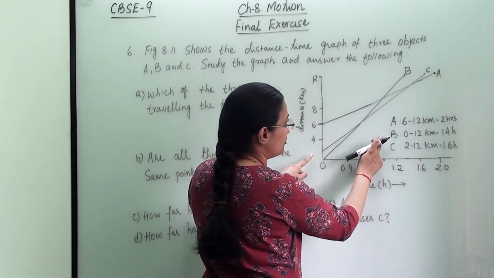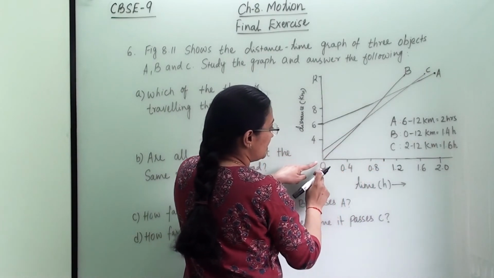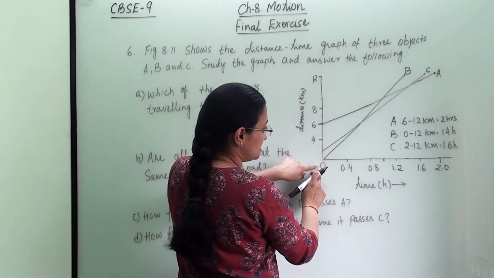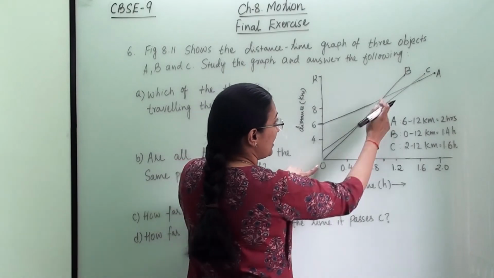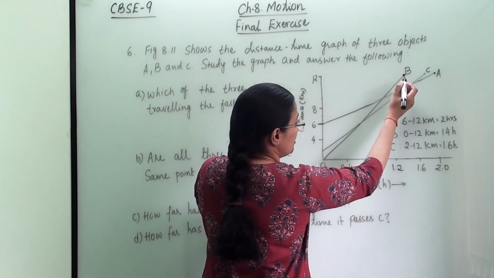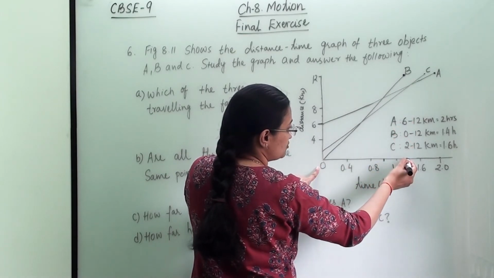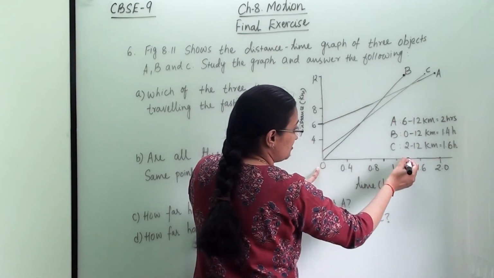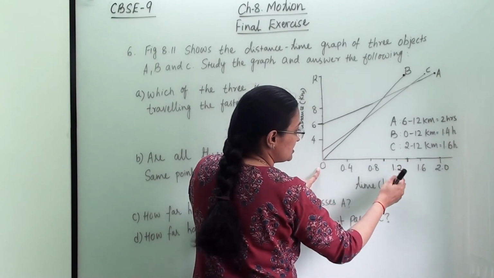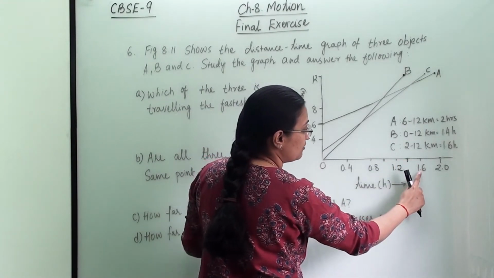Now let us check for B. Object B's journey is starting from 0 and it is finishing here. If we extend this line towards the x-axis, it will give us the time. It is coming somewhere in between 1.2 hour and 1.6 hour.